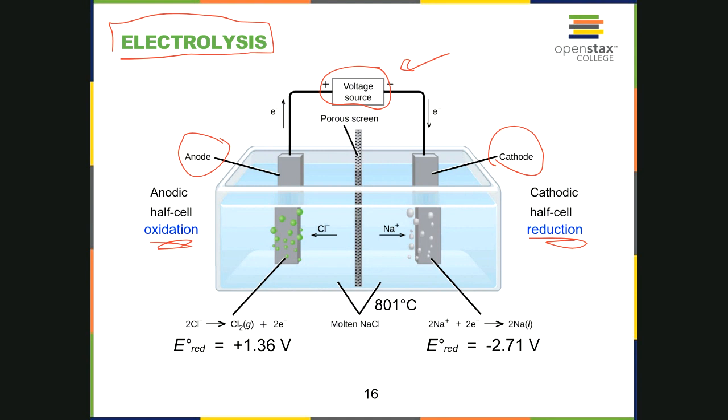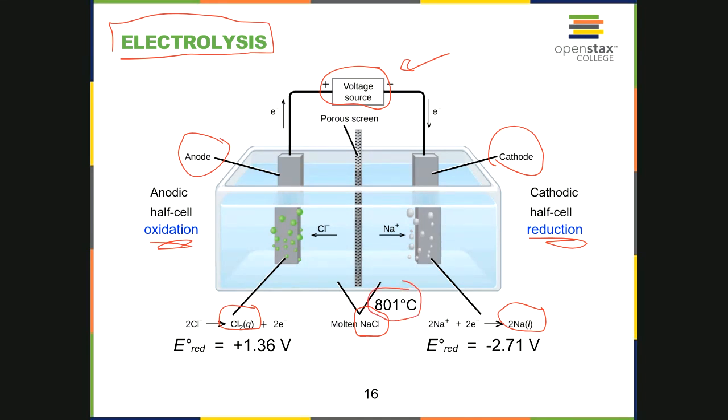This is a way to make chlorine gas and to produce sodium metal. Both of those have economic value, so that's why we would do it. You start out with sodium chloride, and we heat it up to 801 degrees so that it melts.